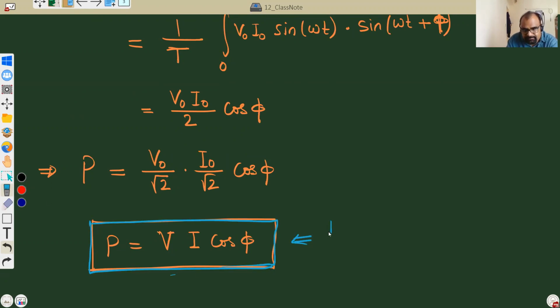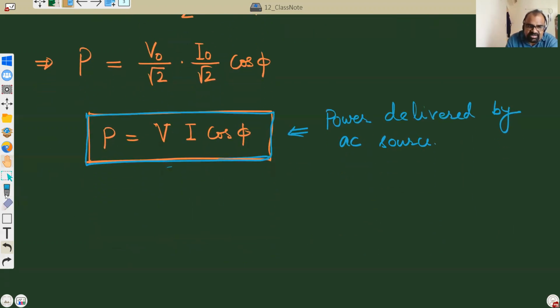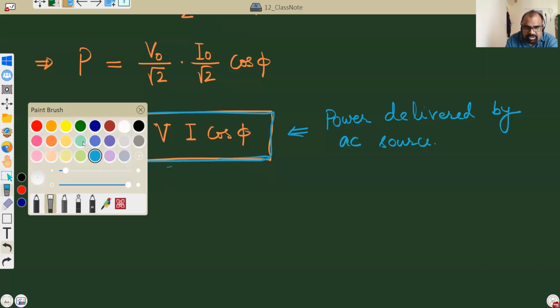Power delivered by AC source. Now, one more little thing here, this cos phi is called power factor of the circuit. Okay.